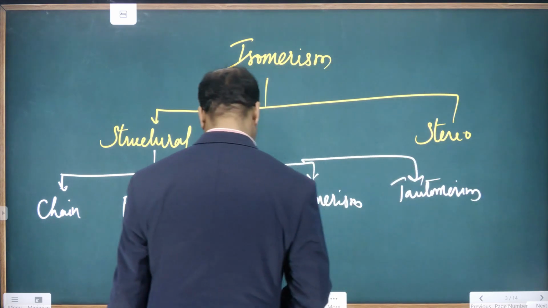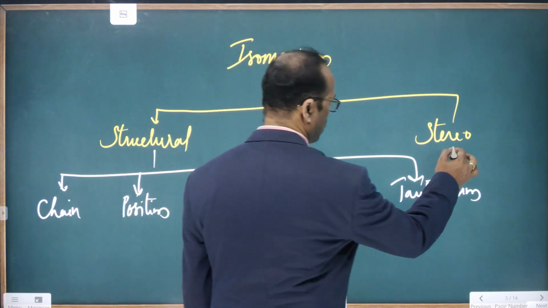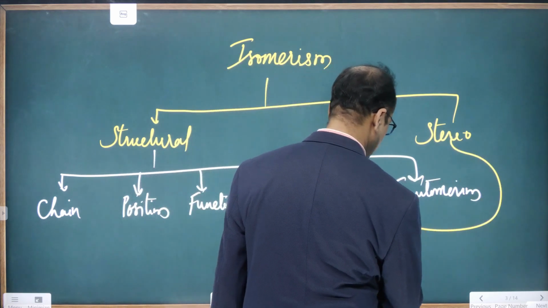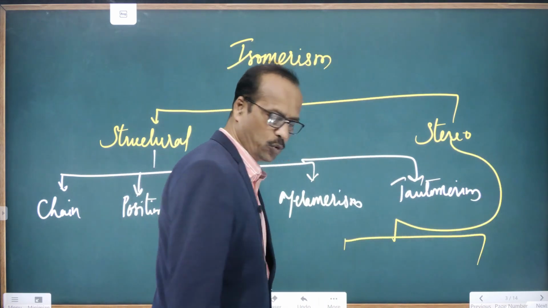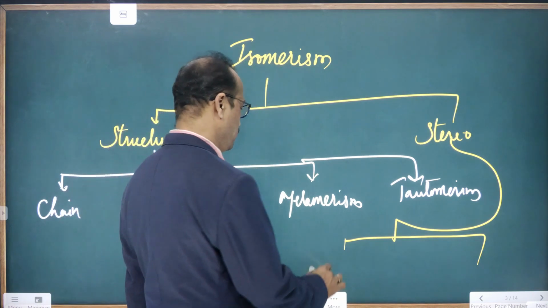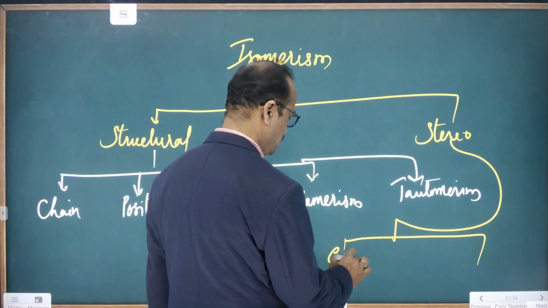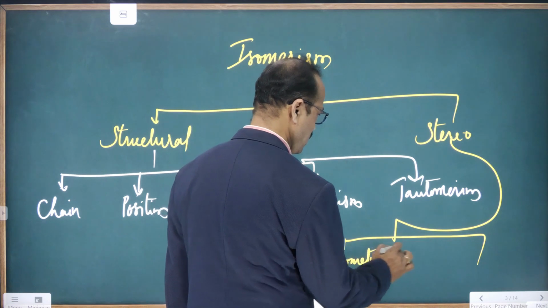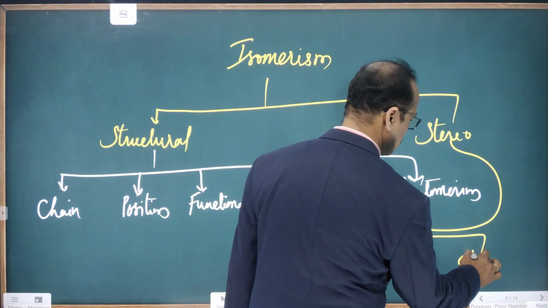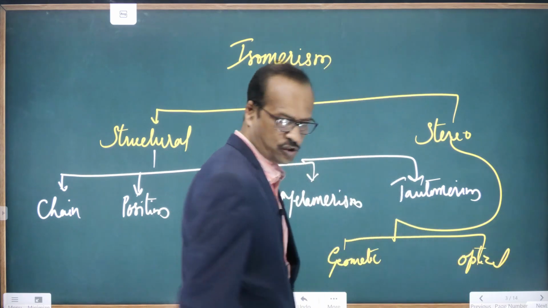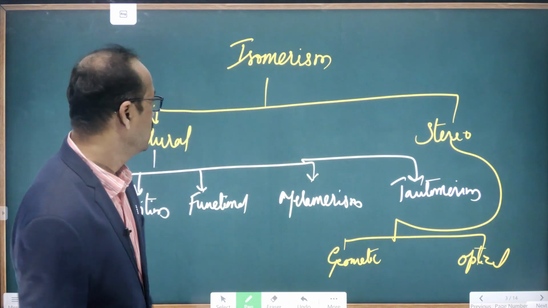Okay, and under stereo isomerism, again two types are there. One is called geometric and the second one is called optical. Geometric and optical isomerism.